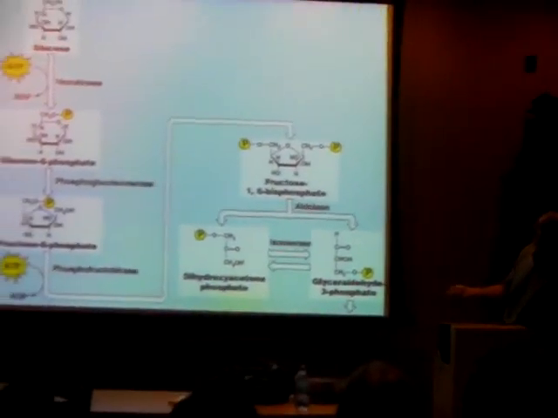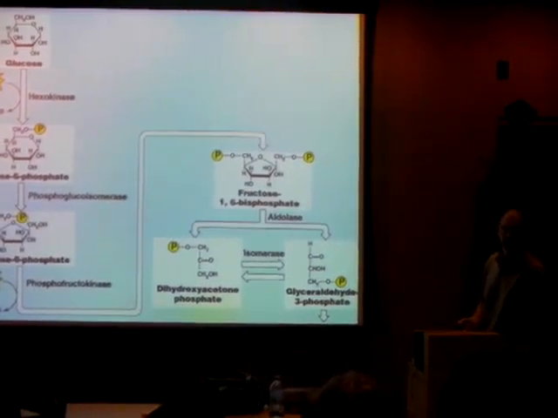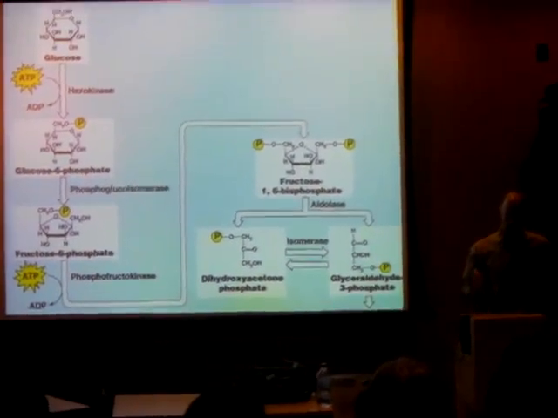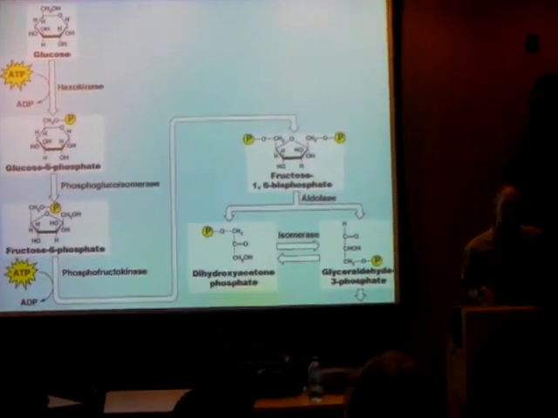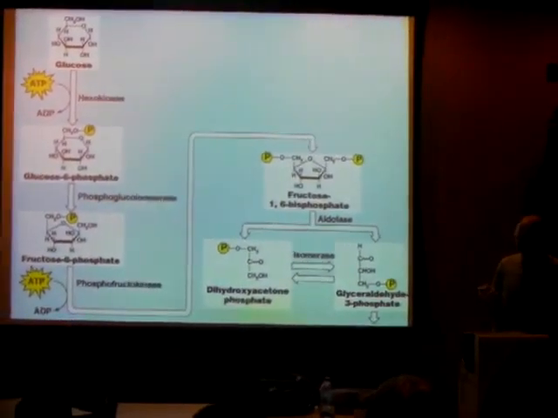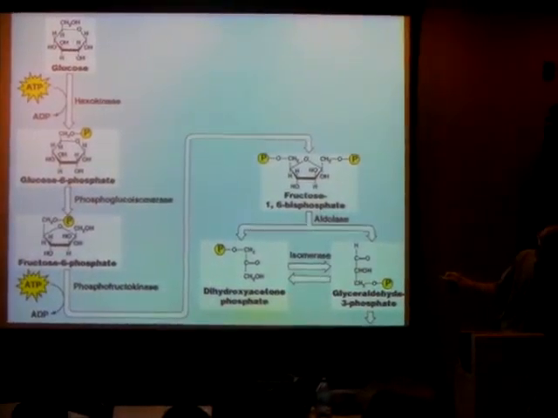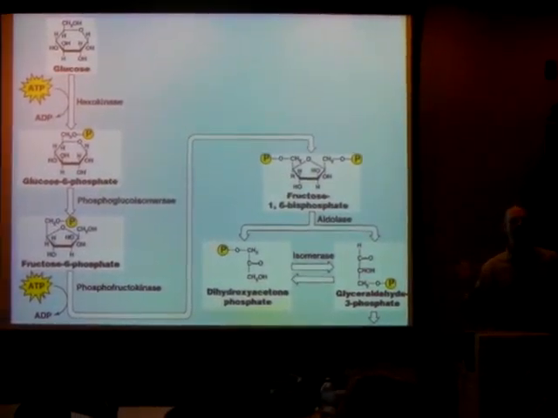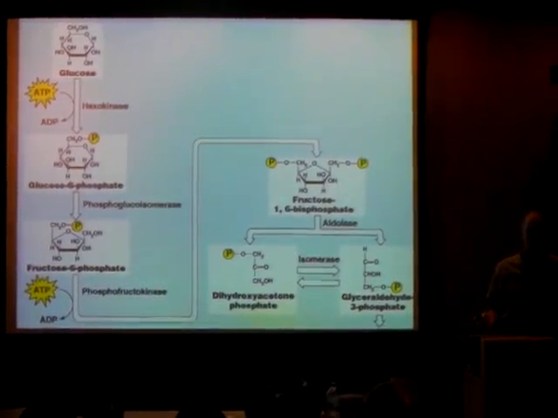So this is the first part of the glycolytic pathway. And in this first part, there's energy that's actually invested, and it's invested through ATP. There are two molecules of ATP that are expended to get this process going. Right?